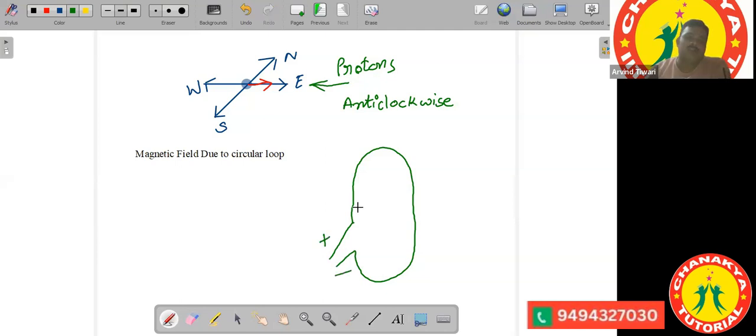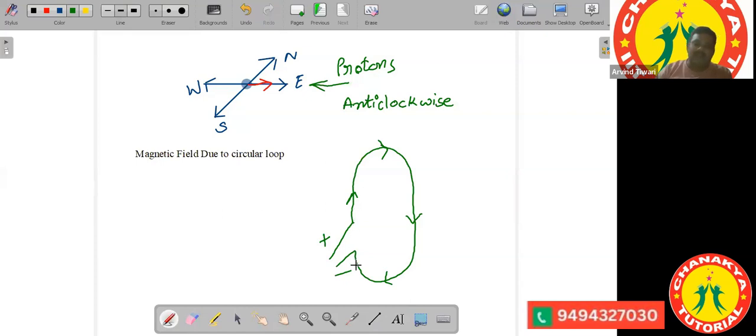Let this be the negative terminal. So you will have current flowing through this loop like this. Now you will tell me what will be the direction of magnetic field at each point where I am asking. Again, we are going to use the same Maxwell rule, but for different points.